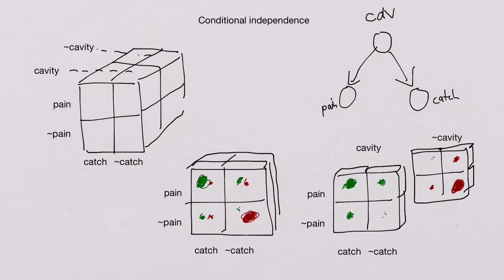But if we know that a person has a cavity or doesn't have a cavity, now we can see that in this case, the probability distributions are the same.